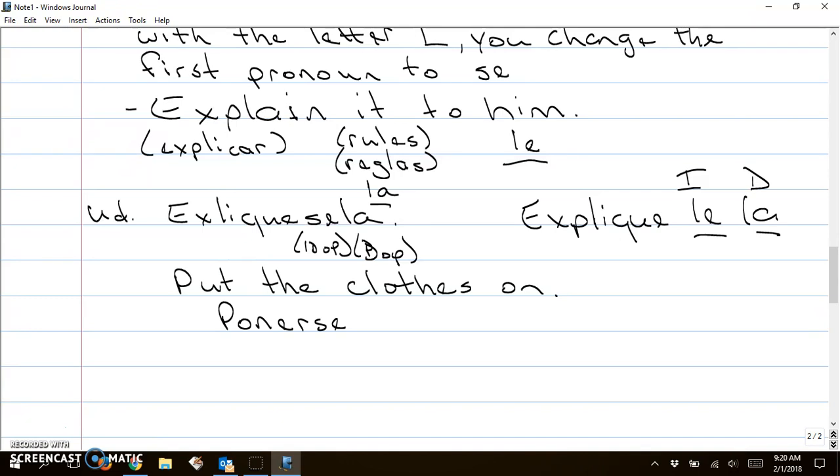To put, it's basically to put oneself. Clothes is ropa. So, you have a reflexive and a direct object pronoun. So, let's do this one in the negative.